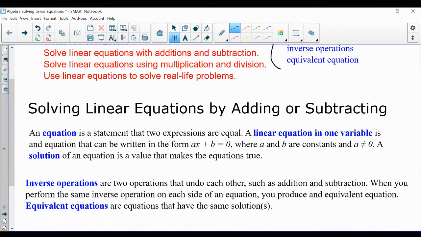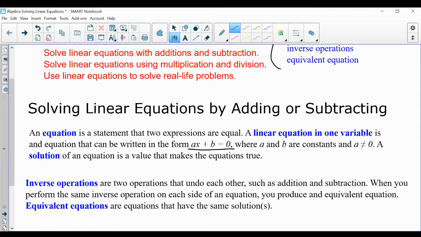The first one we're going to look at is solving equations by adding or subtracting. An equation is a statement that two expressions are equal. A linear equation in one variable is an equation that can be written in the form ax plus b equals 0.